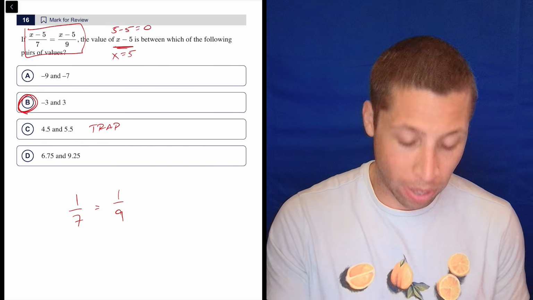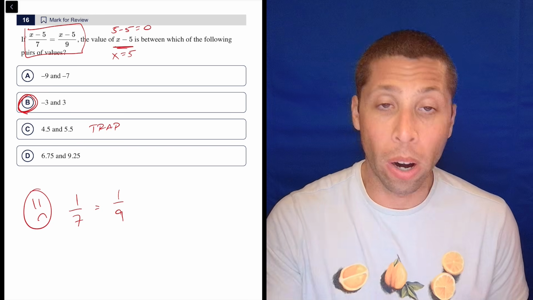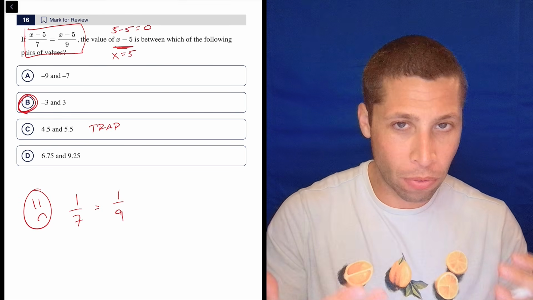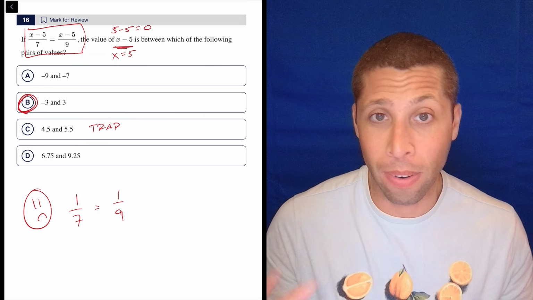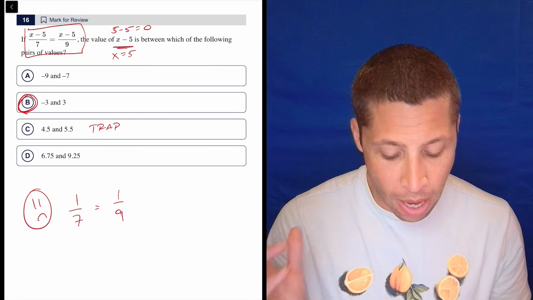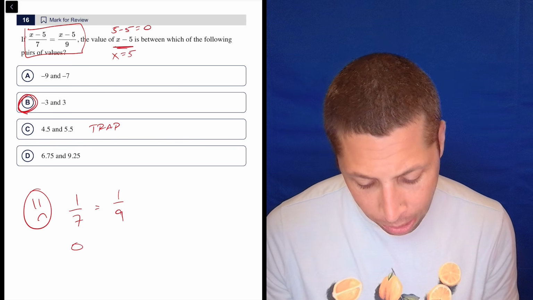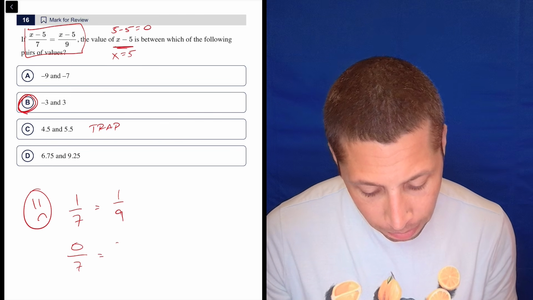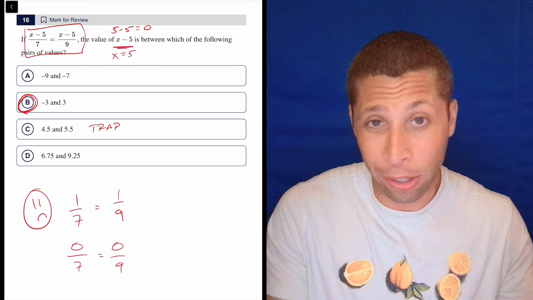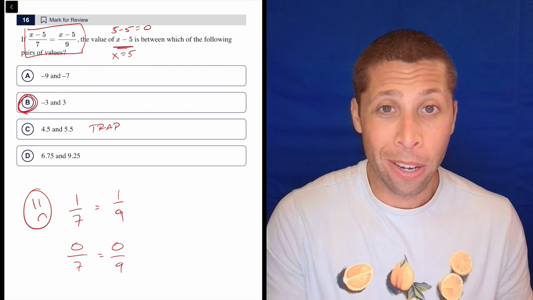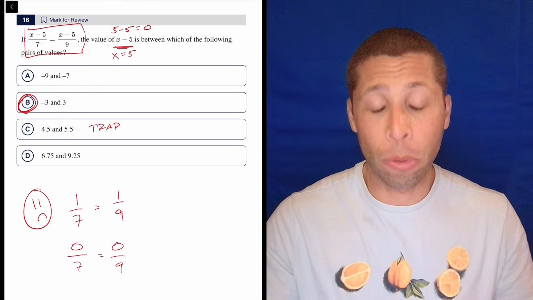Well, those are different numbers, so that doesn't work. We could try that with a bunch of different numbers representing the x minus 5 here, because the x minus 5 is the same thing both times. The only time this happens is when the numerator is 0, because 0/7 is just 0, and 0/9 is just 0. So 0 is always 0. That's essentially what's happening here.